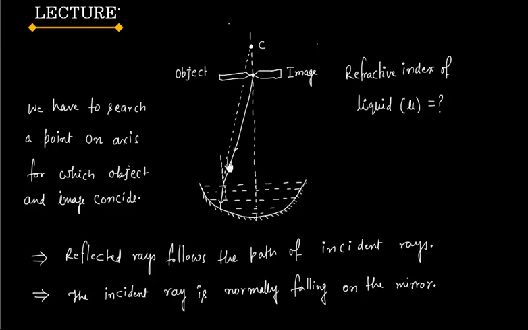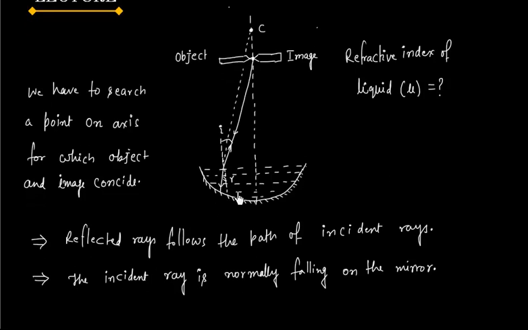Let us call this angle, that is angle of incidence, I. And this angle, that is angle of refraction, let us call R. So what is happening, we can show clearly here. Light ray is coming here and this is bending in this direction.